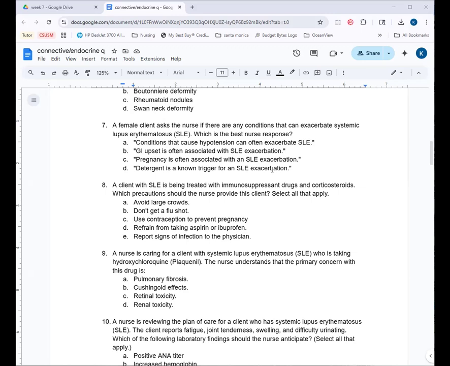So anything that causes a lot of stress is a big one. And hormonal changes. So for this one, the rationale is it's associated due to the rise of estrogen levels. Wouldn't surprise me if it's a rise in stress as well. In this economy, stress. But that's my opinion. So yeah, pregnancy often associated.